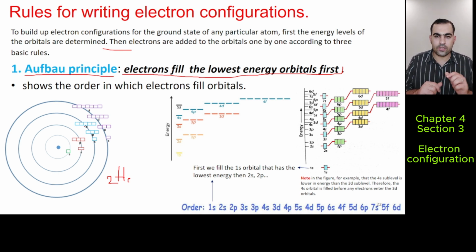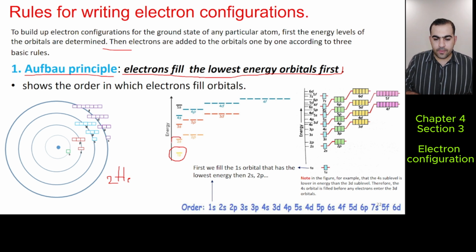Which one is the lowest orbital by energy? We have an order that Aufbau made. For example, it says by the energy 1s is the lowest energy orbital.